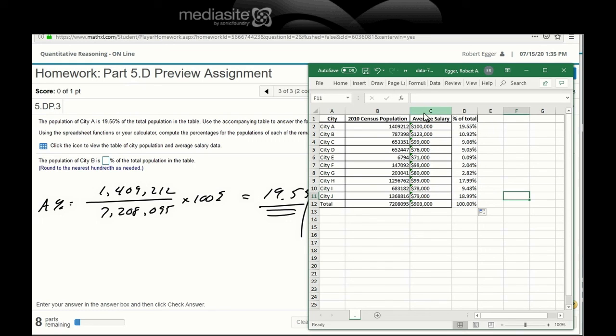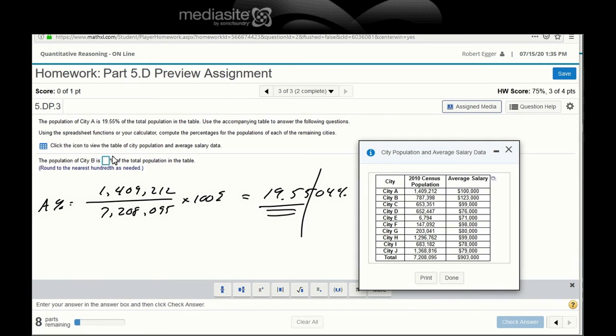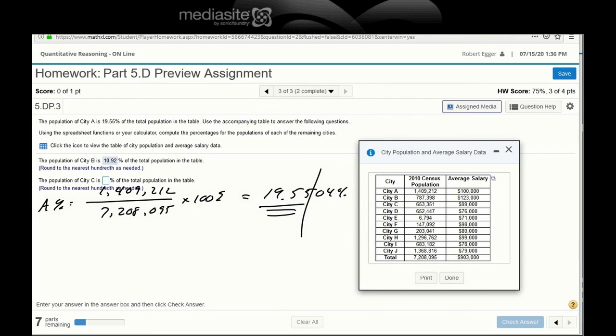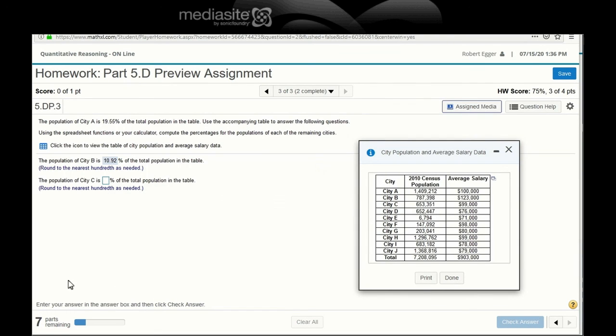All right, so what's the question? The population of city B is, well, B is right here, 10.92. That's correct. Let's clear this stuff out.